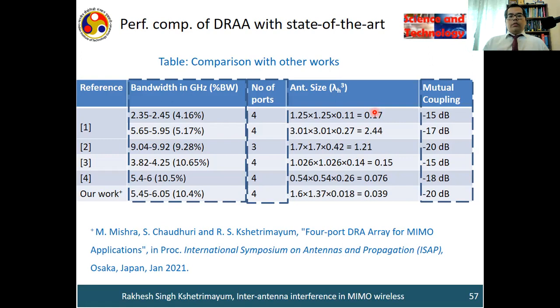So this MIMO antenna will have very good performance because the mutual coupling is less than minus 15 dB, even better than the existing antennas. You can see the size of our antenna is the smallest one. We want to make more and more compact MIMO antenna arrays, and our antenna is a very compact antenna with very good performance. This is one of our works which was recently presented at the International Symposium on Antennas and Propagation in Osaka, Japan in January 2021.